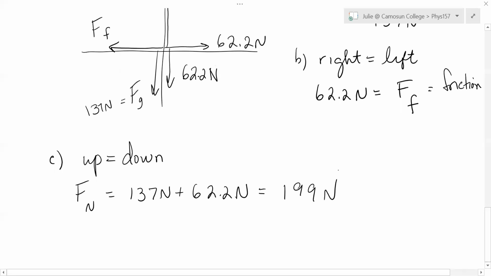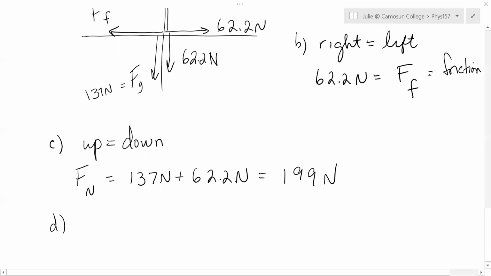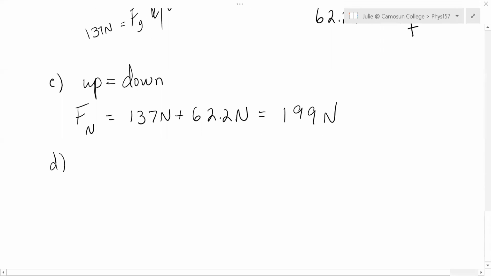Okay, and then part D, what force must the person exert on the lawnmower to accelerate it from rest to 1.5 meters per second in 2.5 seconds, assuming the same friction force? Okay, it would be a much trickier question if you didn't know the same friction force. So first we have to get the acceleration.